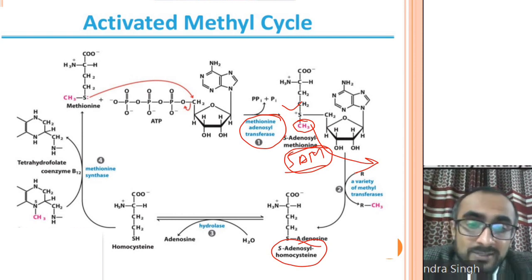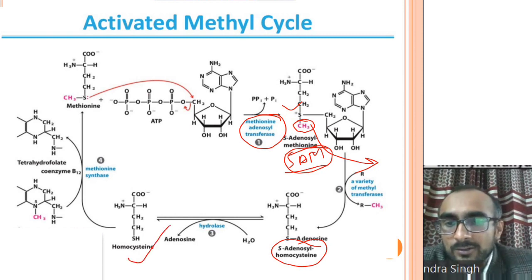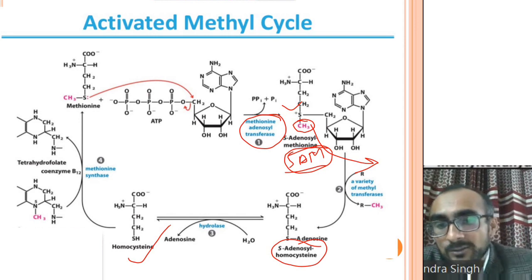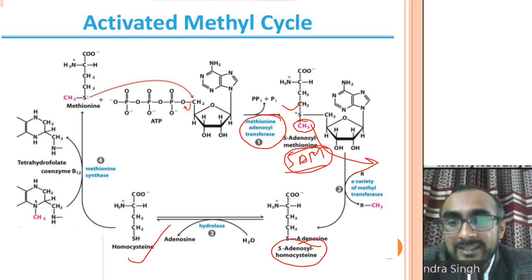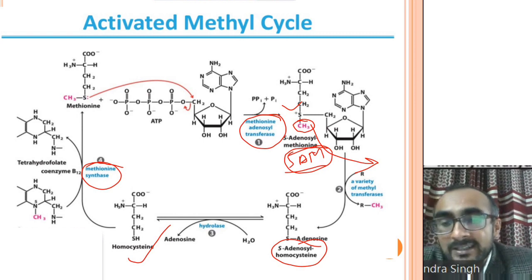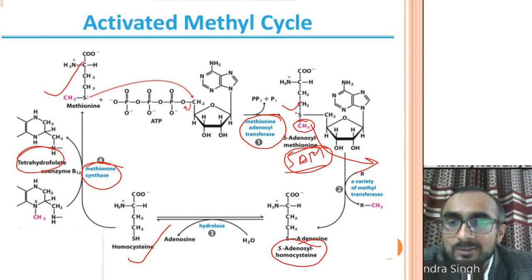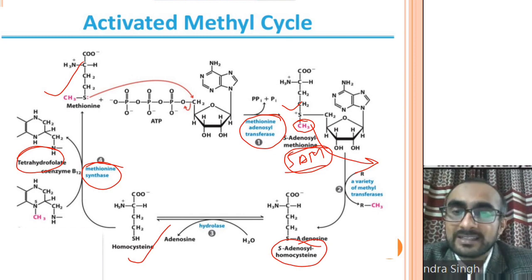This S-adenosyl homocysteine is hydrolyzed, so adenosine is released and homocysteine is synthesized. Now on this homocysteine, one methyl group is transferred from methylene tetrahydrofolate by enzyme methionine synthase, and methylene tetrahydrofolate is converted into tetrahydrofolate and methionine is synthesized. Methionine synthase uses coenzyme B12 as a cofactor for this methyl transferring reaction.